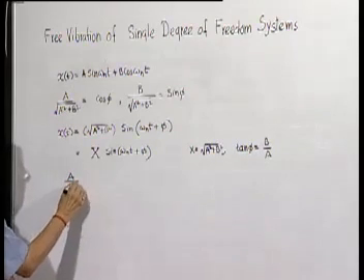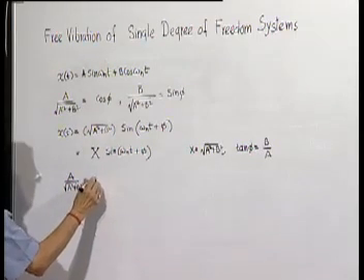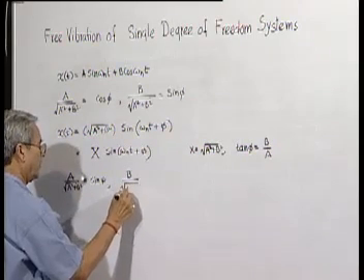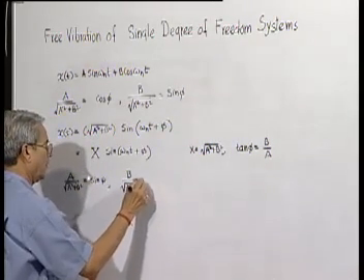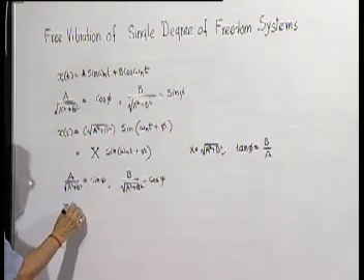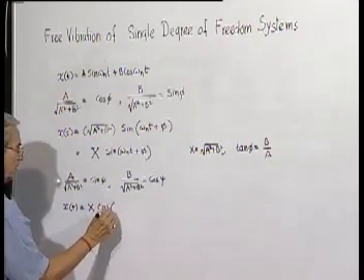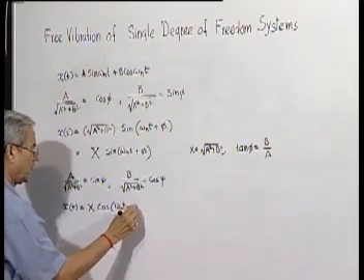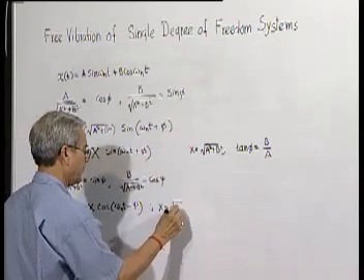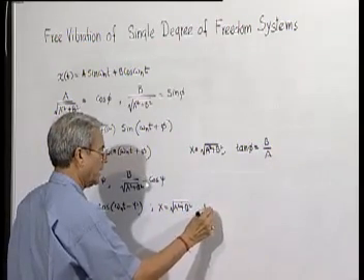We could write A by square root of A square plus B square is equal to sine psi, for example. Then x t will be equal to X cosine... where X is same and tan psi.